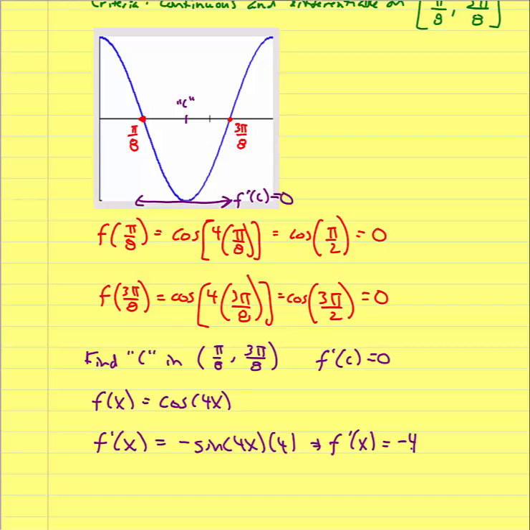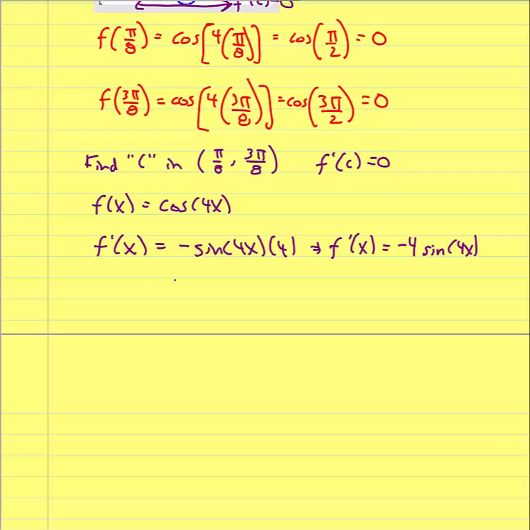This would be negative 4 sine of 4x. And I would like to figure out where this is equal to 0. Well, to get started, we could divide both sides through by negative 4. And I have the sine of 4x equals 0. So this is a little bit easier to solve.